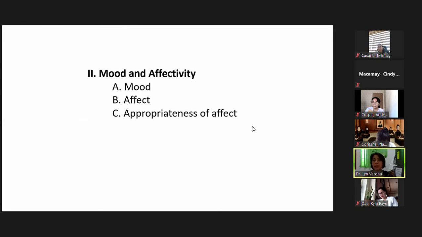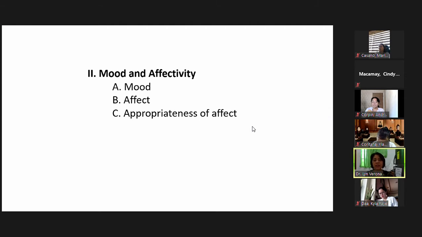So mood is a sustained feeling that the patient has had, for example over a week.